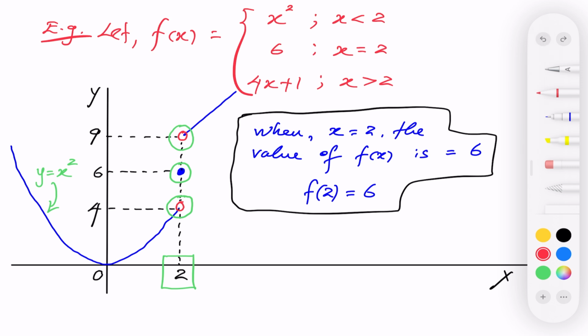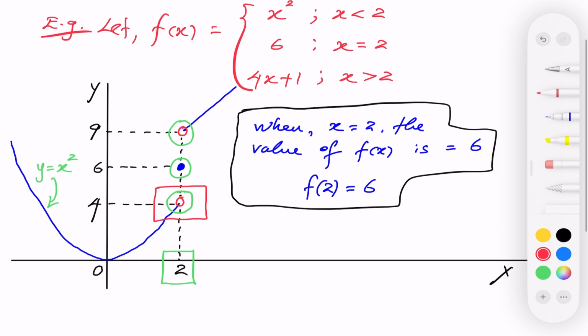Now we are going to look at the other two cases. Now let's say I need to write down mathematically this point 2, 4. However, we know that 2, 4 is not a point on that function f of x, because if your x is equal to 2, your y should be equal to 6. But here it is not the case. We know that this highlighted point 2, 4 can be seen this way.